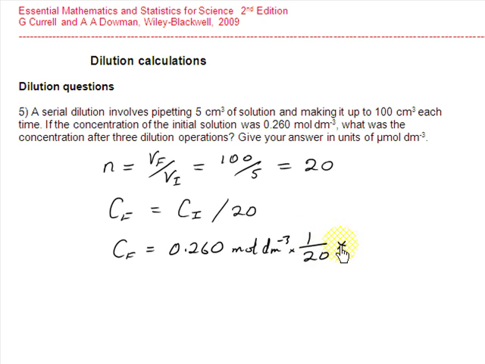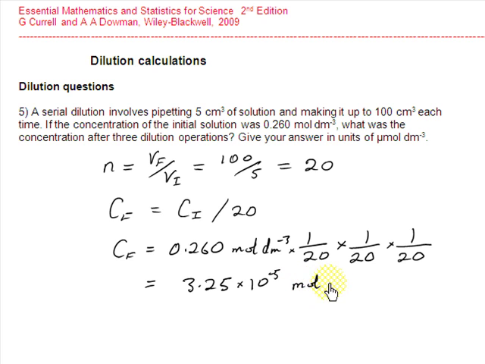After another dilution stage, it will go down by the same factor again. And then for the third dilution, again, it will decrease by a factor of 1/20. So if we then take this concentration multiplied by 1/20 3 times, we will get to a final value of 3.25 times 10 to the minus 5 moles per decimeter cubed.